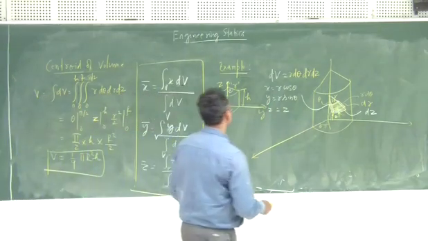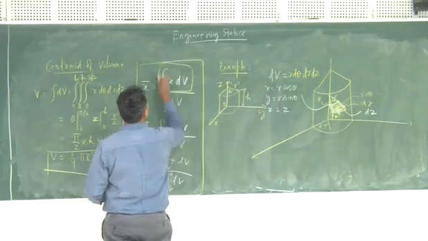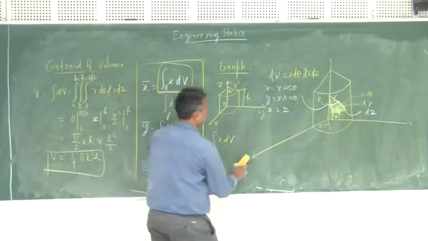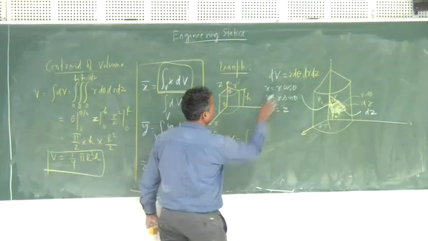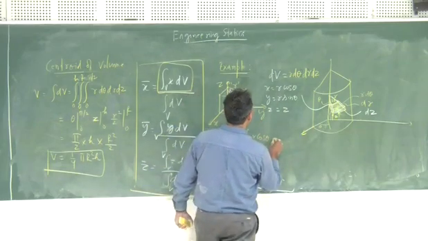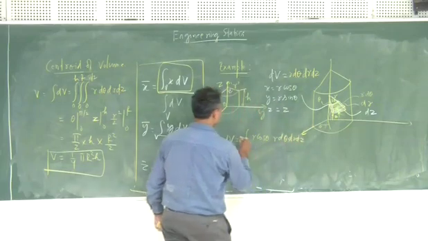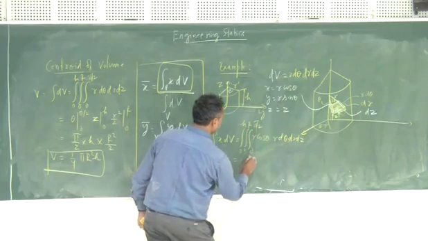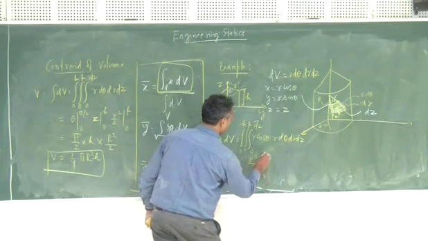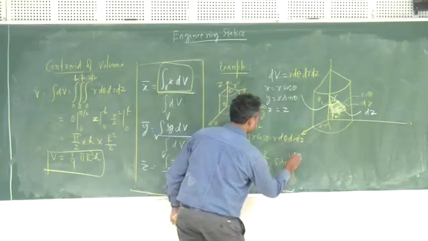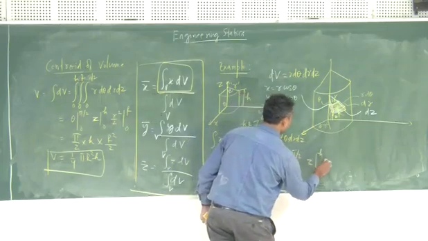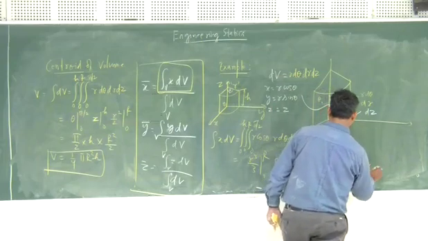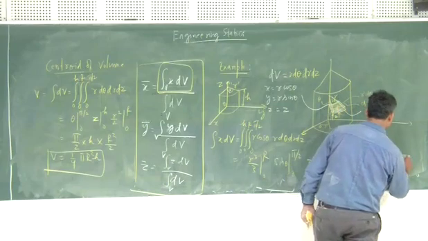Now if you have to compute x bar, it means that you require this particular portion, x times dv, r cos theta, with z from 0 to h, r from 0 to r.